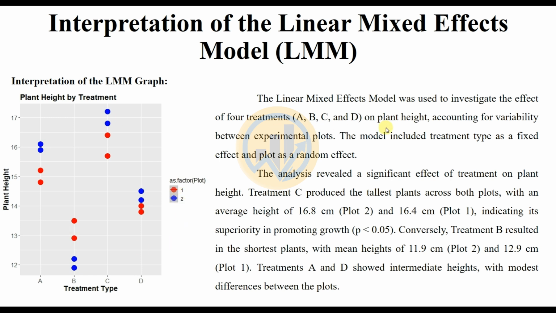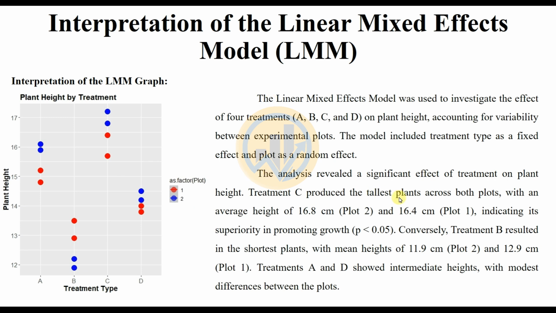The linear mixed effect model was used to investigate the effect of the four treatments A, B, C, D on plant height, accounting for variability between the experimental plots. The model included treatment type as a fixed effect and plot as a random effect. The analysis revealed a significant effect of treatment on plant height.